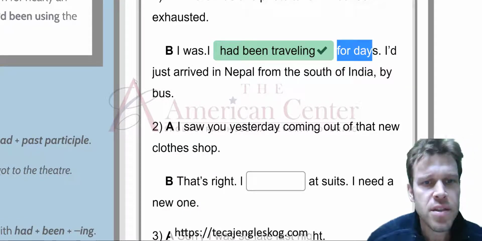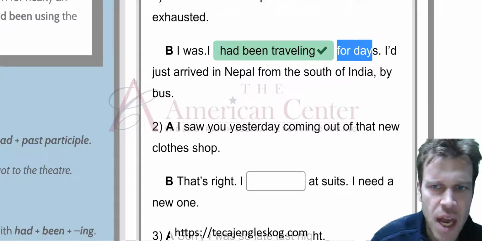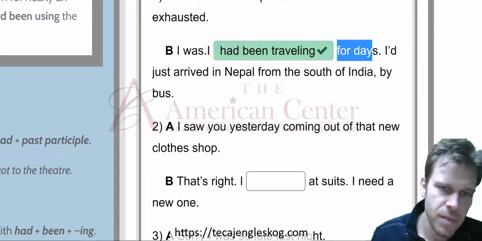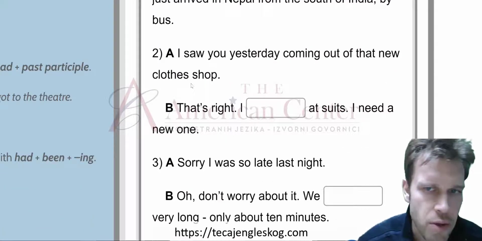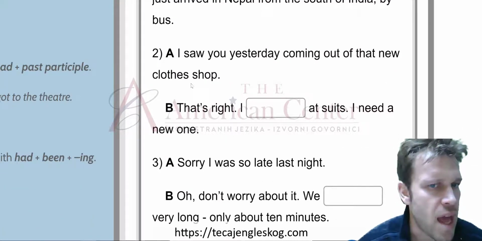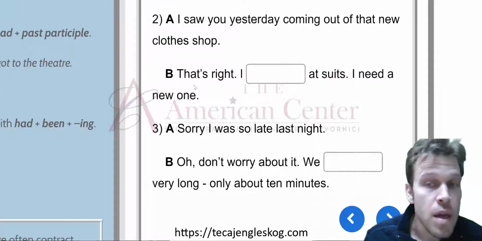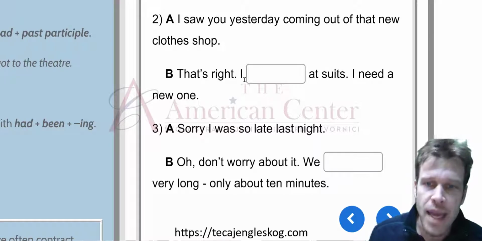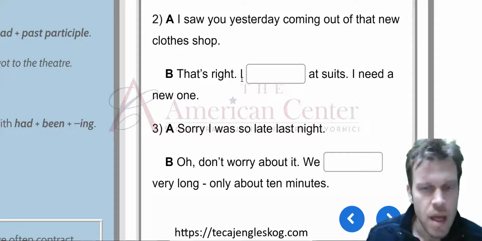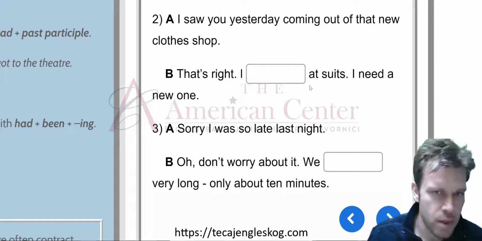I'd just arrived in Nepal from the south of India by bus. I saw you yesterday coming out of that new clothes shop. We can also say clothing shop. That's right. I blank at suits. I need a new one.